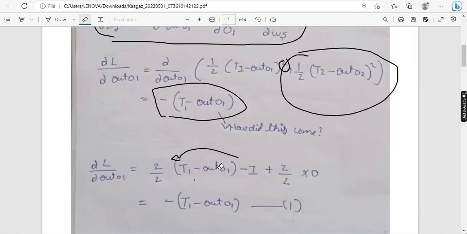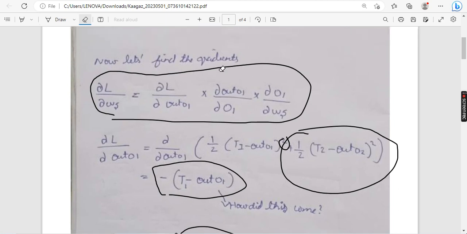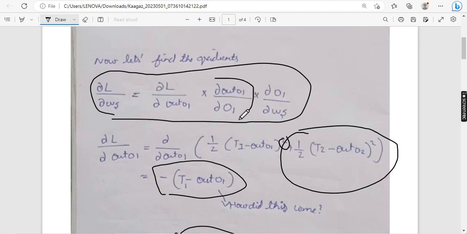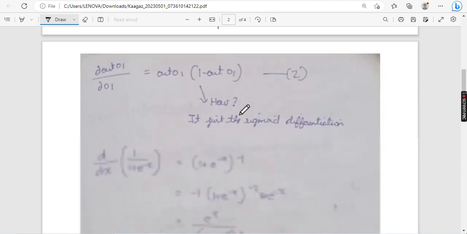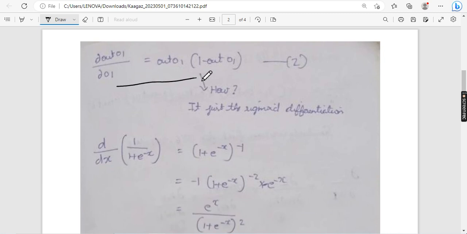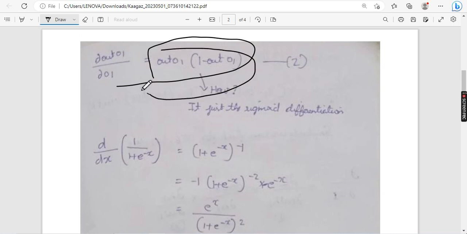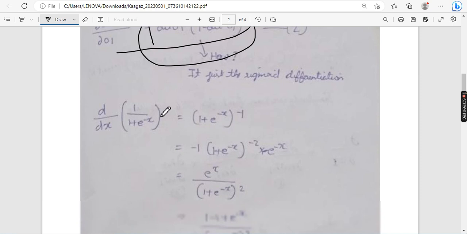Next, moving ahead, let's compute the derivative of out of O1 with respect to the output layer. So this is the answer for this. How did I compute this? What is out of O1? Out of O1 is the sigmoid of O1, right? I just explained that out of O1 is a sigmoid of O1. This expression is the derivative of sigmoid. Look at here.